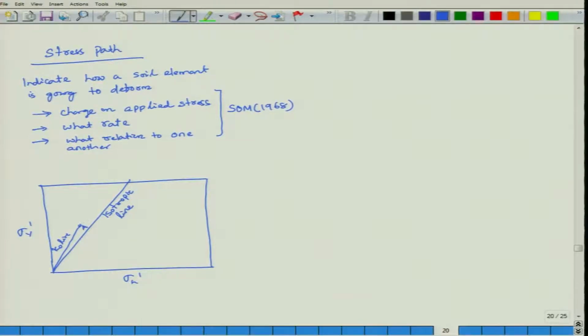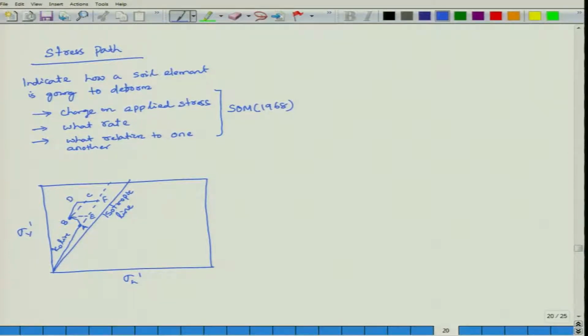This point is your A, this is your B, this is your D, then this is your F, C, E.